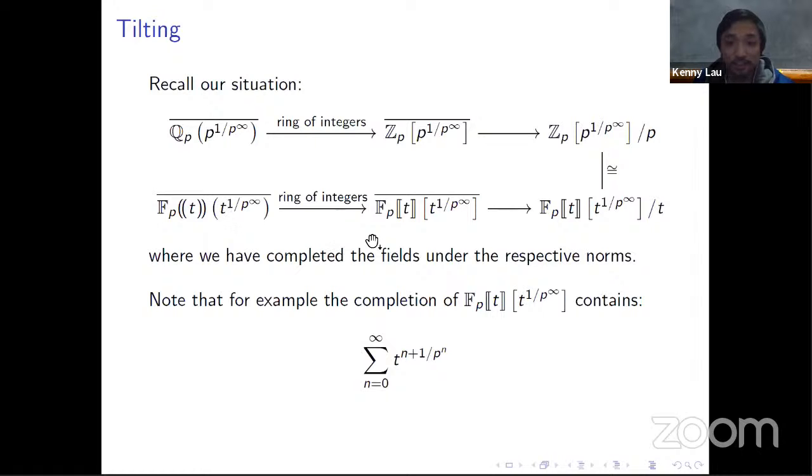And the answer is that this arrow somehow is very special because we can construct this middle field using this, right? In this diagram, we start with this and we mod T, but we can actually start with the mod T version and we can build up this ring back, right?